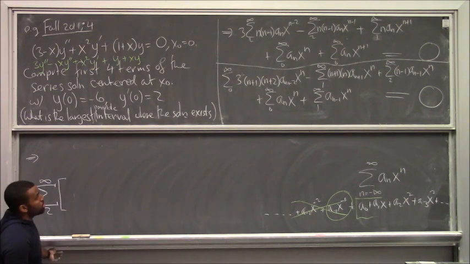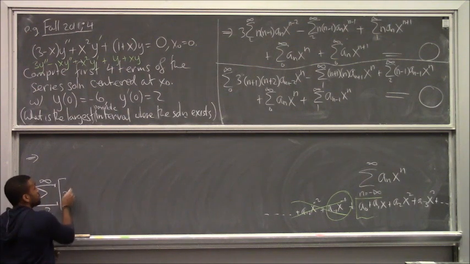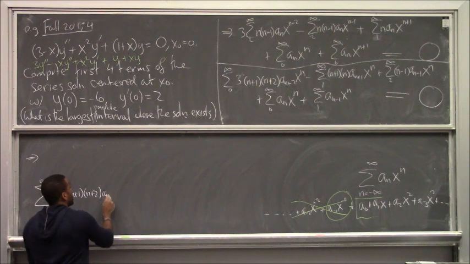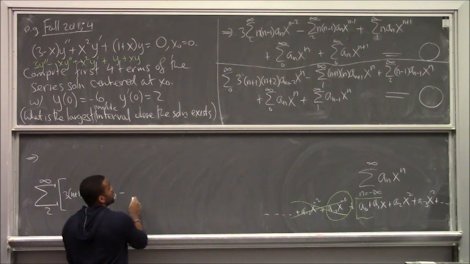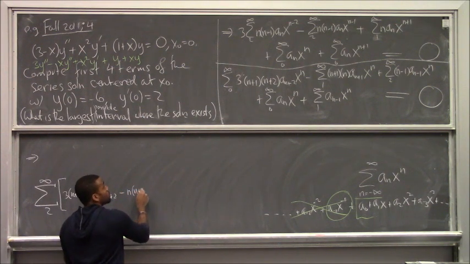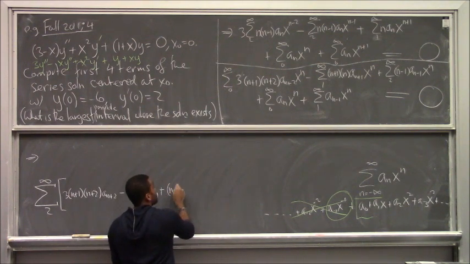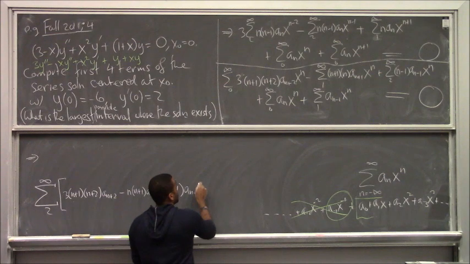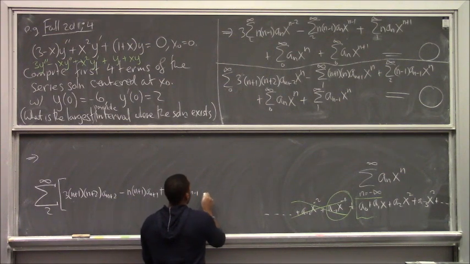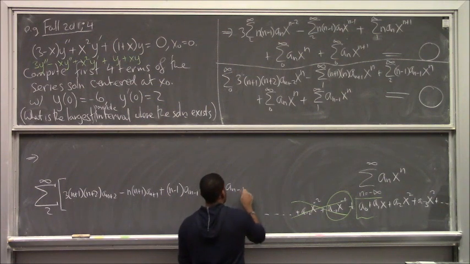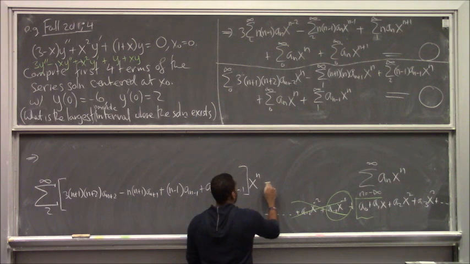So now if I get all of them to start at 2, this would be 3n plus 1, n plus 2, an plus 2, minus n times n plus 1, an plus 1, plus n minus 1, an minus 1, plus an minus 1, x to the n equals 0.